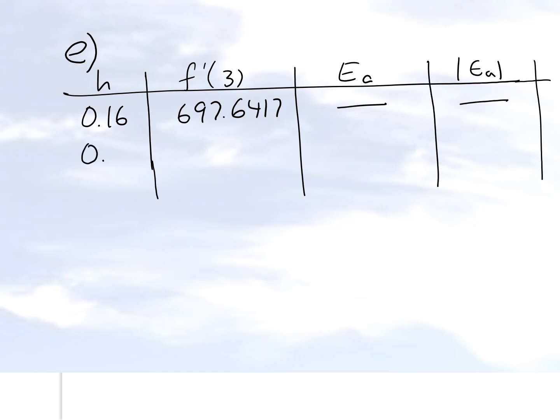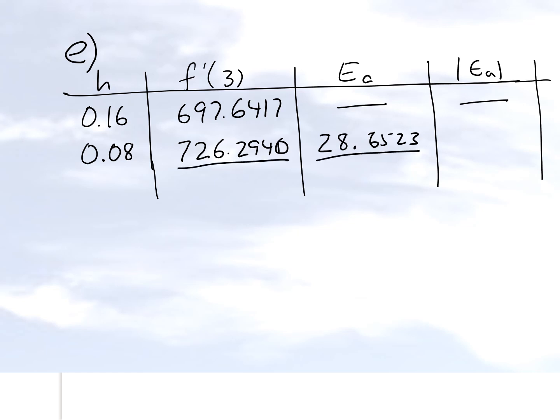But if I go ahead and halve the step size, I will get these as my values, and the approximate error in this case will be this much. This approximate error is simply calculated from the current approximation minus the previous approximation.